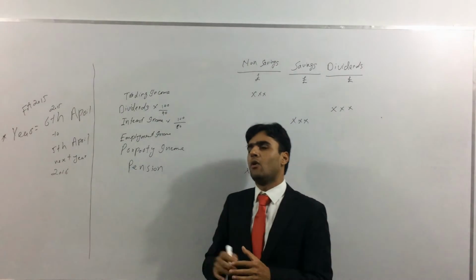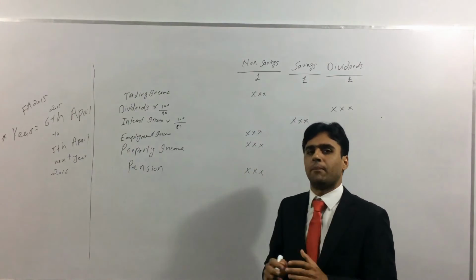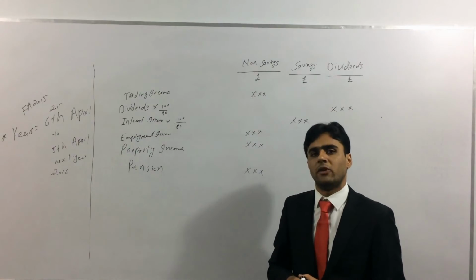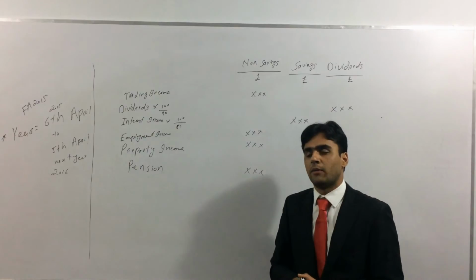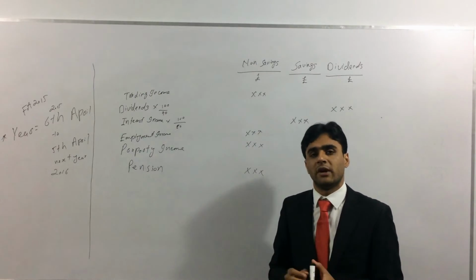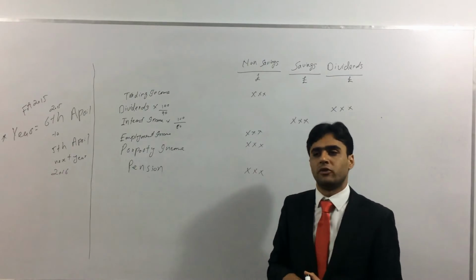Now, as far as the government is concerned, the government is very happy if you are contributing something towards pension, because the government feels that if you are contributing from your own pocket, then you will not rely on government benefits when you retire. So that's why the government encourages you to put some money into the pensions.